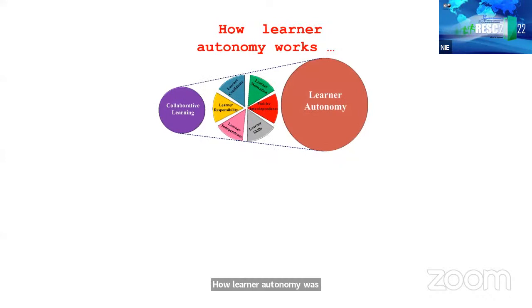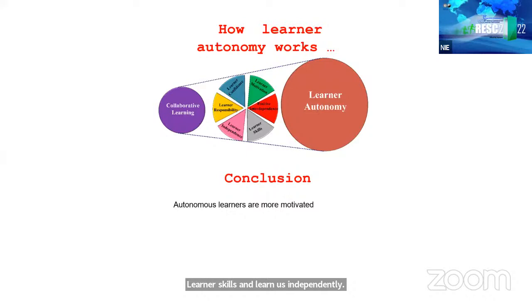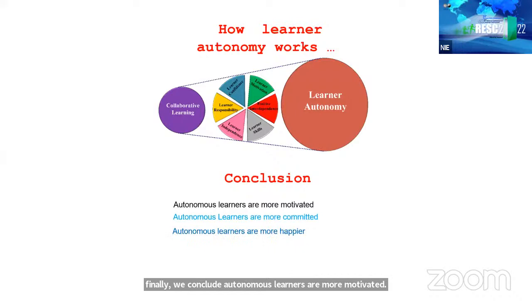The collaborative learning that creates learner responsibility, learner confidence, learner motivation, positive interdependence, learner skills, and learner's independency. So finally, we conclude autonomous learners are more motivated, autonomous learners are more committed, autonomous learners are more happier.